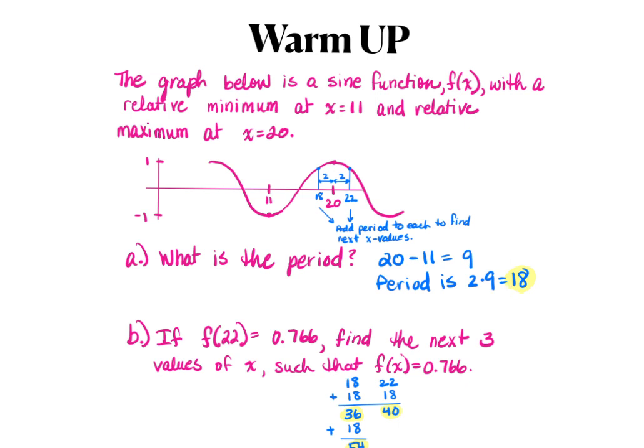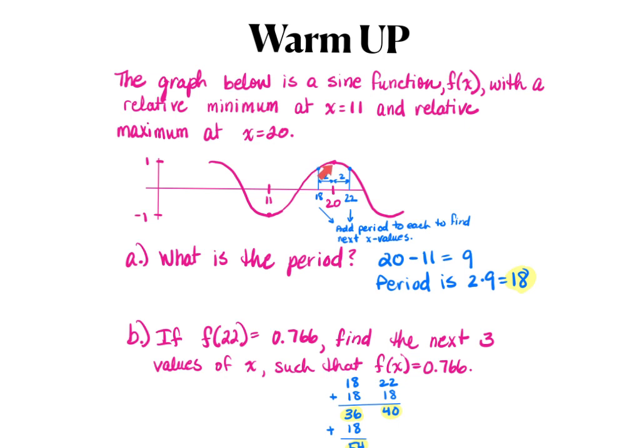For part B, we're going to use symmetry to solve. So if f of 22 is 0.766, that happens right here, 2 to the right of that relative maximum. So I know that there's going to be another value that gives me the same y, 2 to the left of that relative maximum.